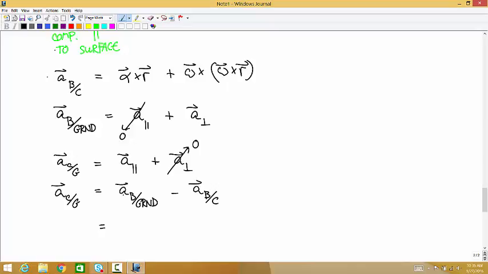Okay, so we have a perpendicular part. What am I doing here? Can someone tell me what I'm doing?